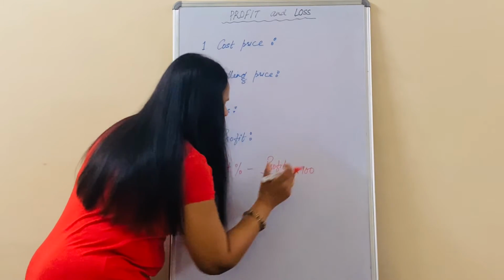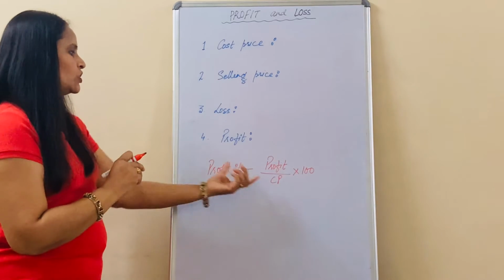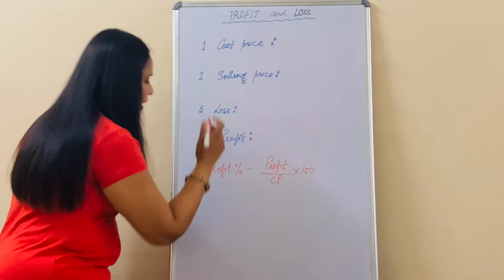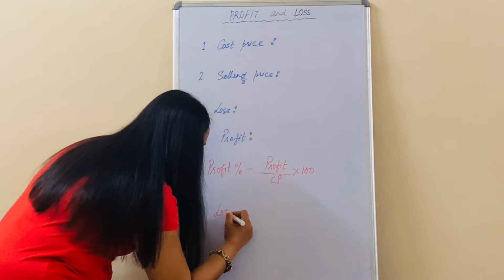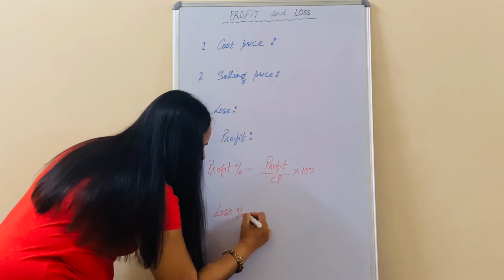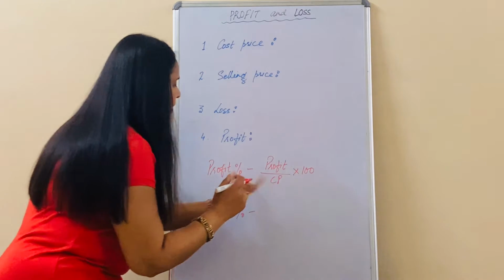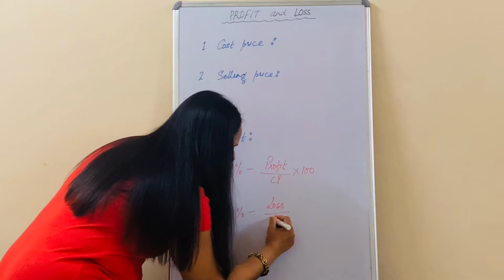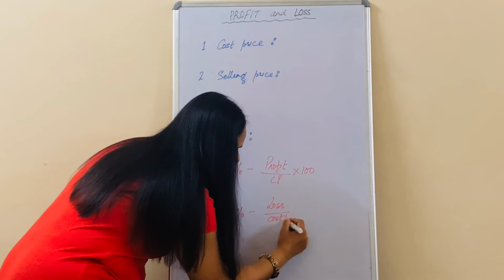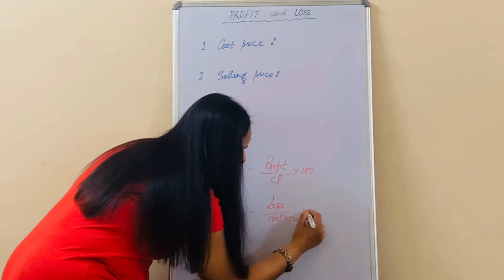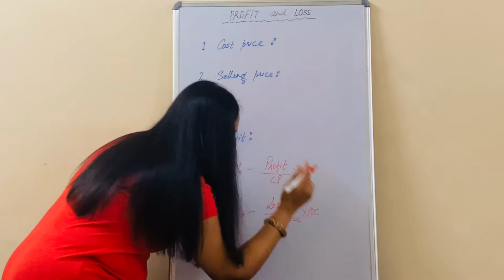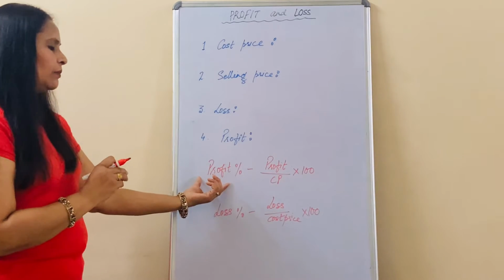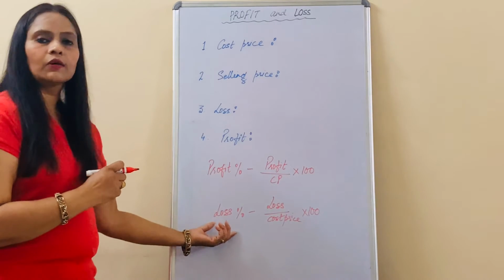And the loss percentage can be simply calculated as loss upon cost price into 100. So this is the profit percent made by the dealer and this is the loss percent made by the dealer.